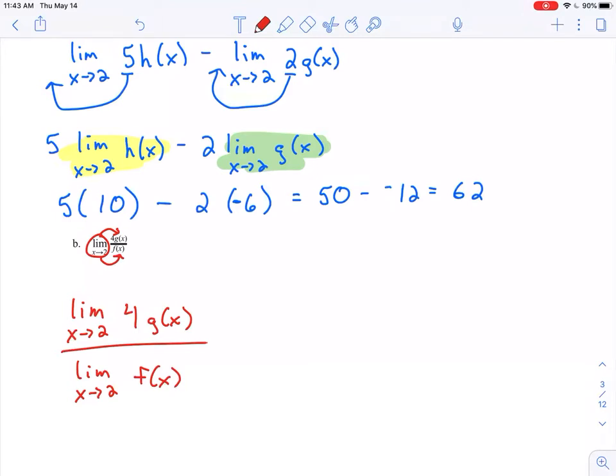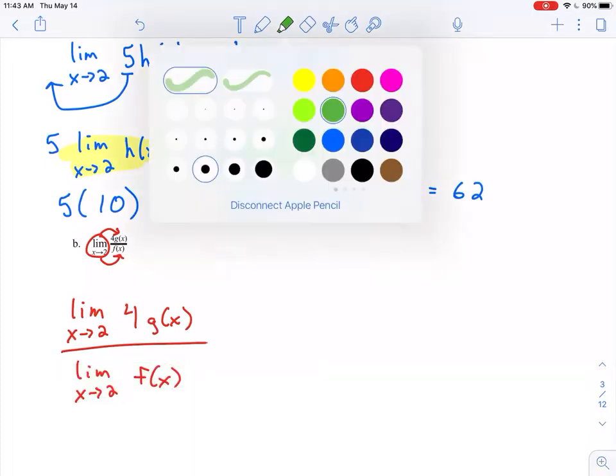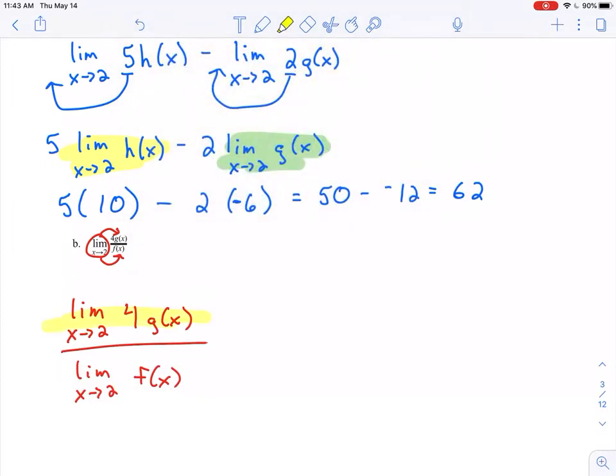Now, I'm going to hold off on evaluating that denominator. You might look at that denominator and say, hey, I know that I can simplify that. I'm going to hold off on that because if I look at my numerator right here, this is something that we also know, but we need to deal with that 4 first.